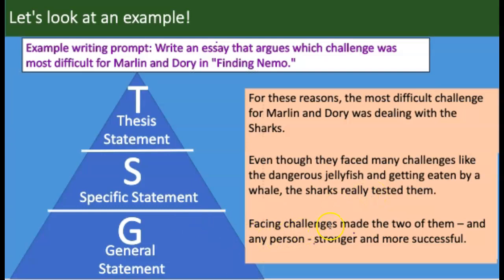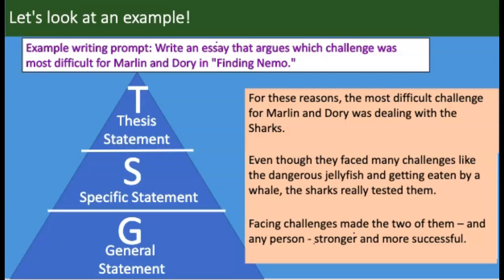And then we close with a general statement that says, facing challenges made the two of them, and any person, stronger and more successful. So here we can see that the sentences are similar. We've rewritten them a little bit so it's not repetitive, but we have used our GST introduction and our TSG conclusion to frame our body paragraphs.